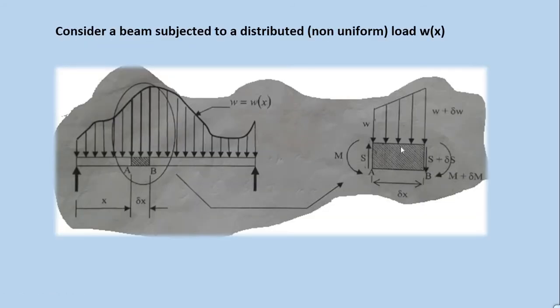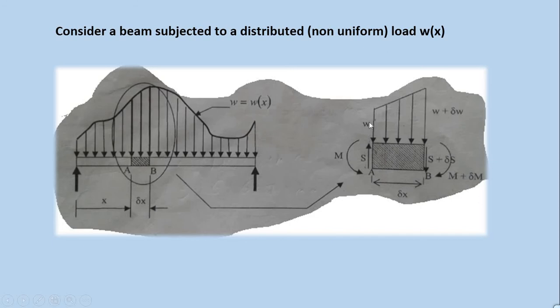We can consider vertical equilibrium because you know that this beam is in equilibrium. So by resolving the loads in the downward direction, S plus delta S is in the downward direction in this picture. Therefore S plus delta S is positive, and this S is negative. And we have to consider the resultant force of this distributed load.